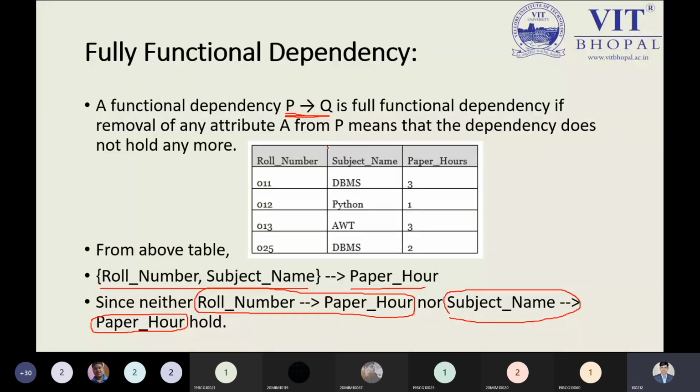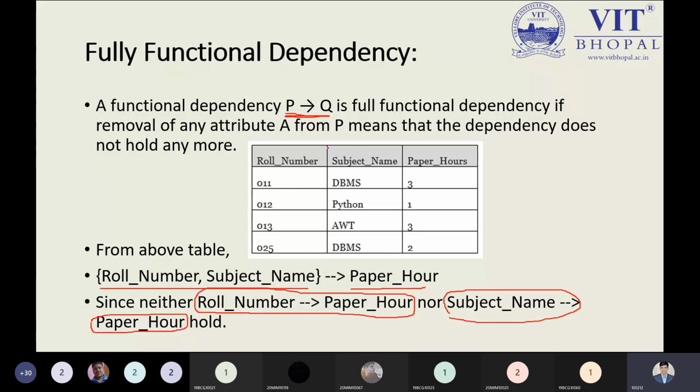So we are not losing any information. You can see roll number, subject name I can take. If I'm removing any attribute from the left side, then it does not hold anymore.